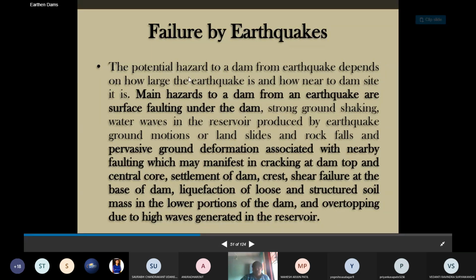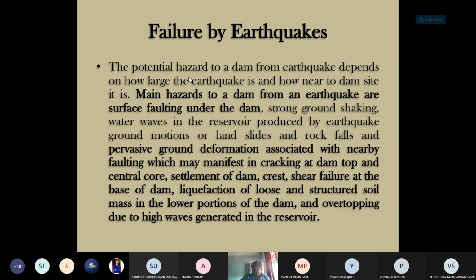The potential hazard to a dam from an earthquake depends on how large the earthquake is and how near it is to the dam site. Sometimes you observe it after incidents. So where is the location of the earthquake? The center of the earthquake is located within the body of the dam, or near the dam. That type of news you have heard in the newspaper.